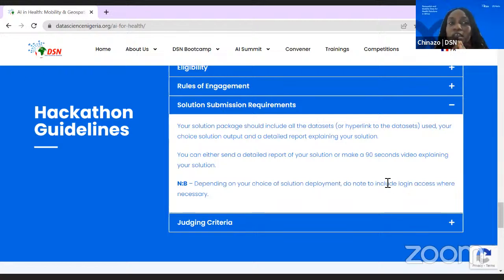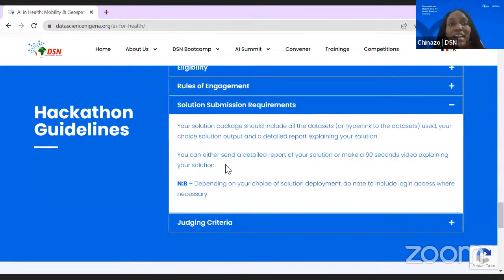Please make your explanation as concise and as straight to the point as possible, so that people understand what you're building. All the tools, all the things you feel will help the judges understand your solution, please submit all of them. We'll make provisions for you to submit all of them. And then you can either send a detailed report of your solution or make a 90-second video explaining your solution.